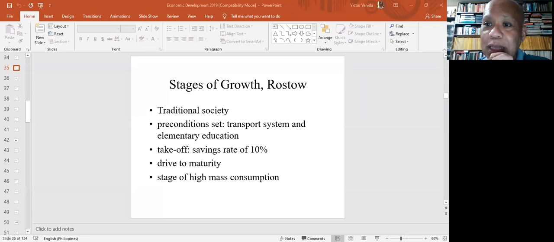And greater productivity would mean higher incomes for the individual and greater profitability for firms, for the employers.